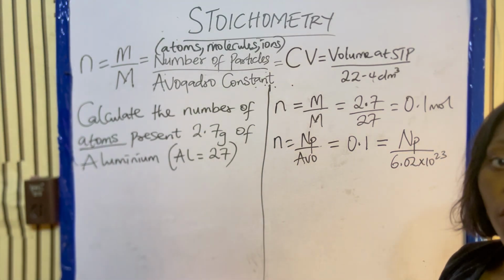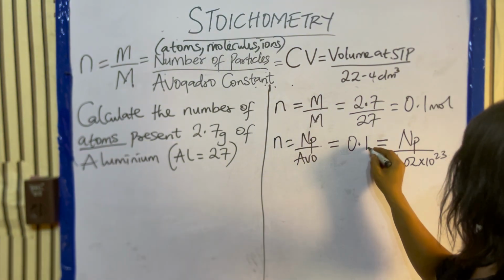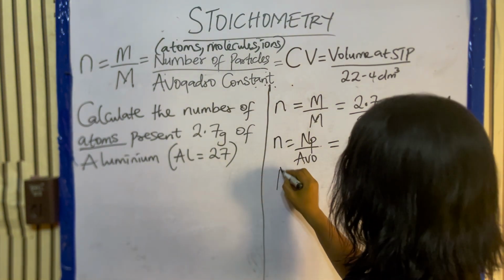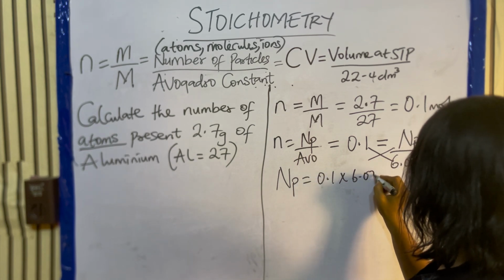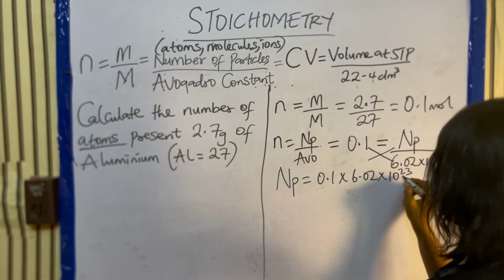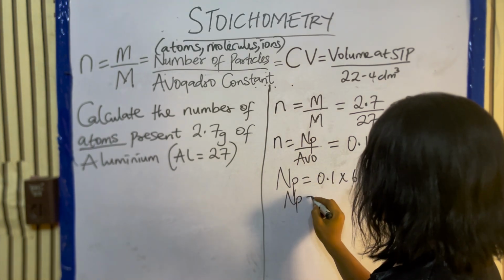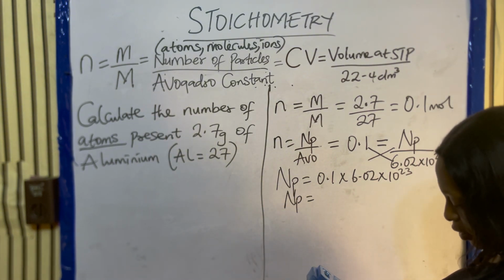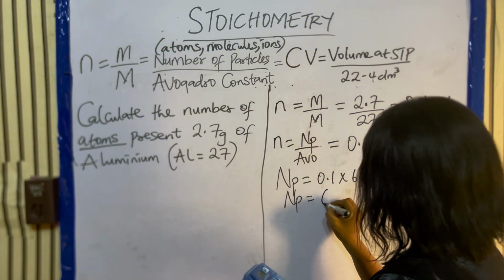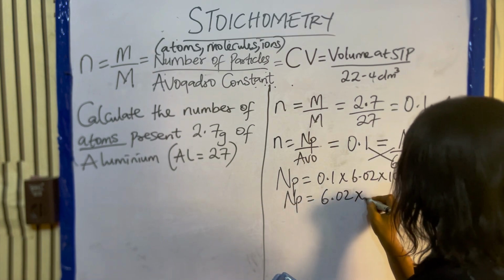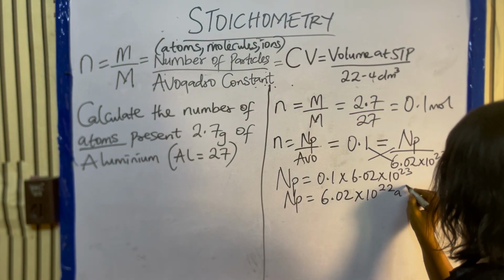This is actually a constant. All right, so we are going to cross multiply, and number of particles will give us 0.1 times 6.02 times 10 raised to power 23. So number of particles is equal to, let's press our calculator, 6.02 times 10 raised to power 22 atoms.